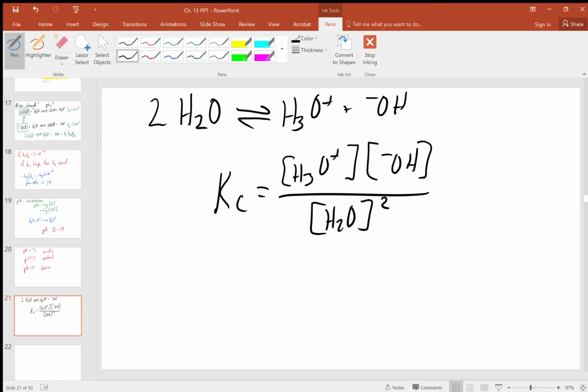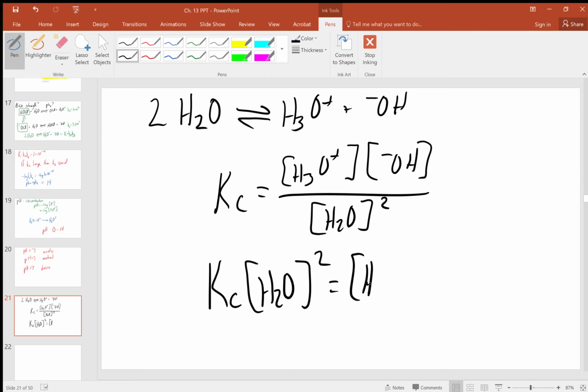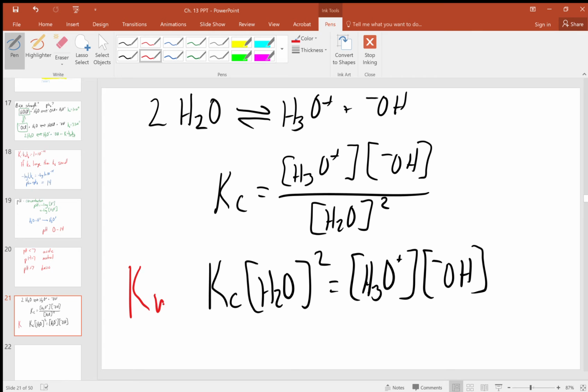Just like we did with our Ka equation, we're going to pull the concentration of water out. And so we get Kc times water squared is equal to H3O plus times hydroxide. And we define this whole thing as Kw, or 1 times 10 to the minus 14.